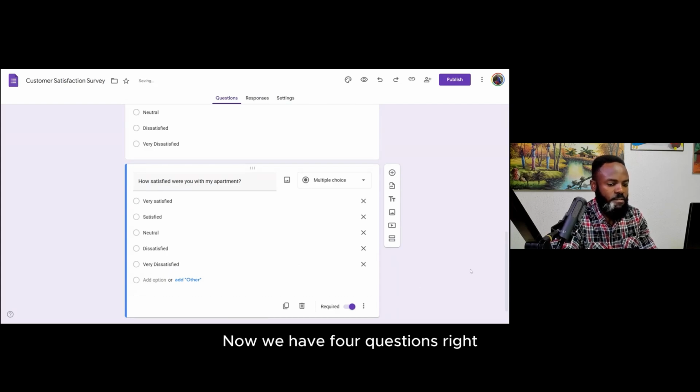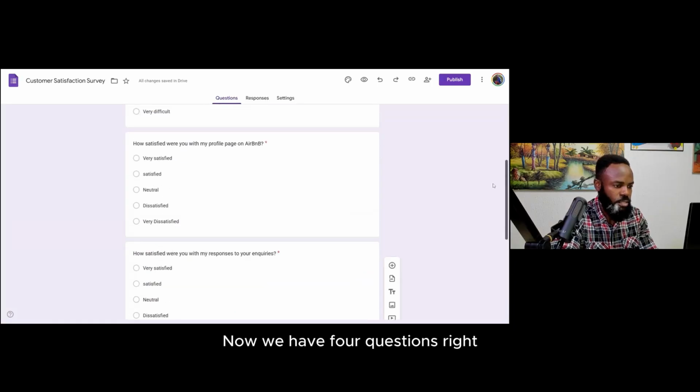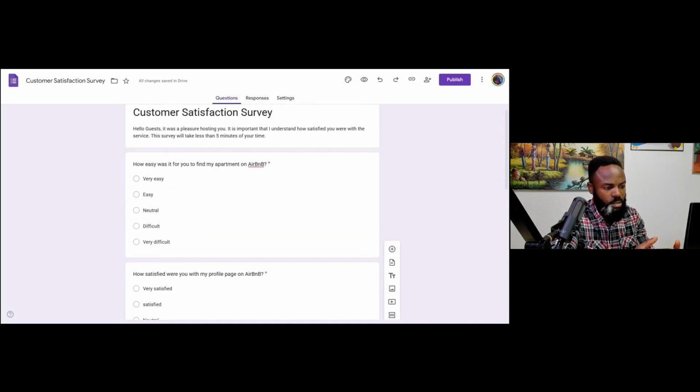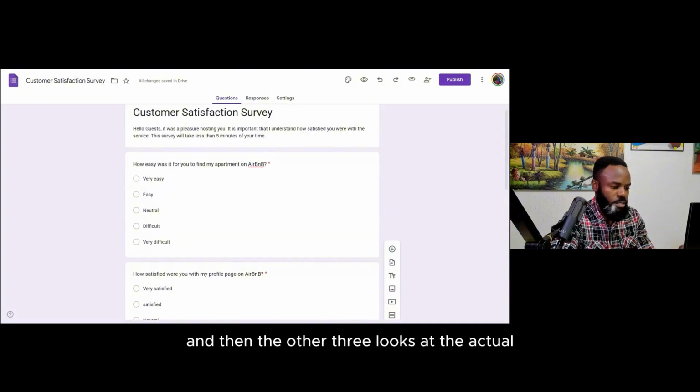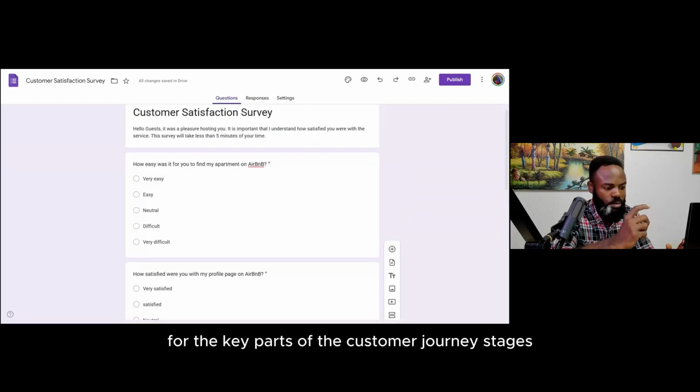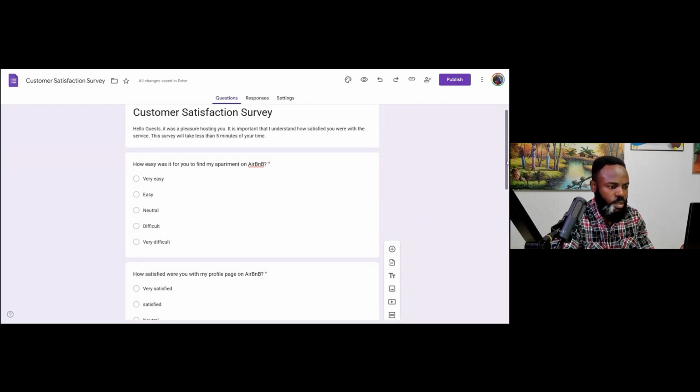Now we have 4 questions, right? One essentially looks at the effort it takes to find your apartment, and then the other 3 look at the actual satisfaction of the customers for the key parts of the customer journey stages, as the case may be.